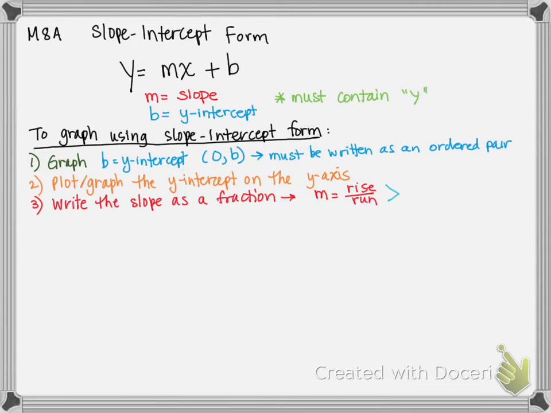If it's negative, I'm going to rise down from that y-intercept, and then I'm going to run to the right, whatever the run number is. Okay, so these basically kind of become coordinates to reach the next point on the line.